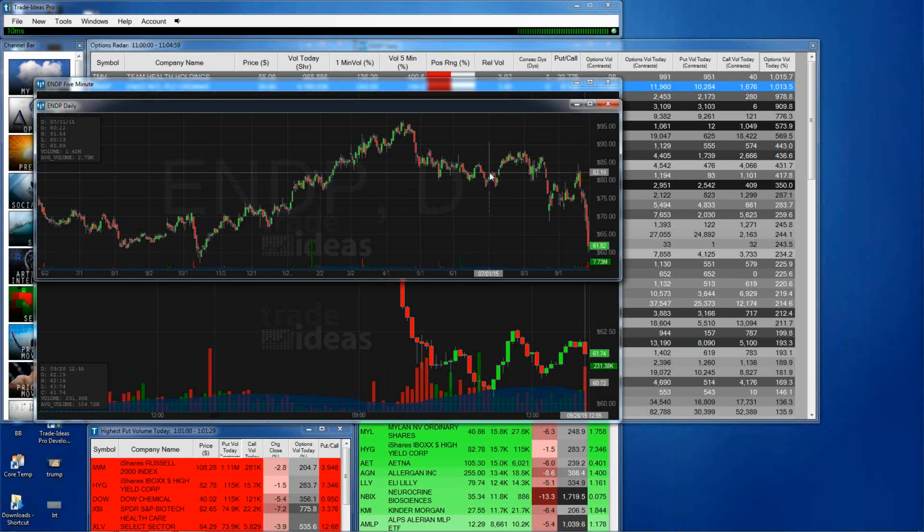If we look back over this daily chart here, there's always a chance if we have more selling tomorrow, just eyeballing this chart, there might be a little more downside there. But I can tell you this, ENDP is definitely going to be on my watch list for the open tomorrow, because if we get down here and we start to see the stock doesn't really want to go down that much anymore, it might be a really good opportunity, and not only for an intraday trade, but a swing trade as well, depending on how things play out.